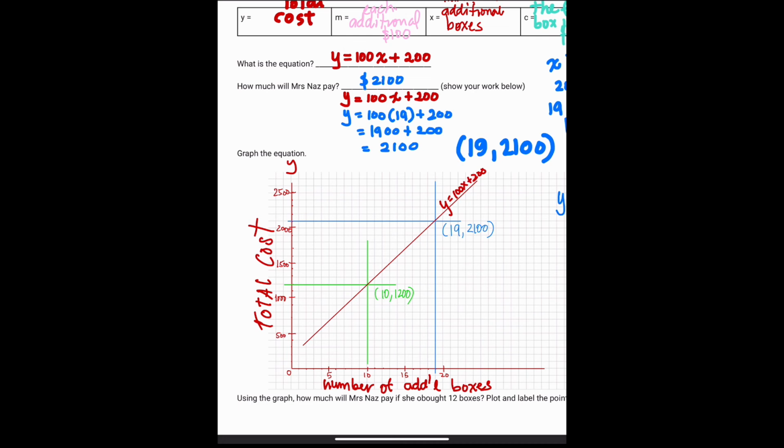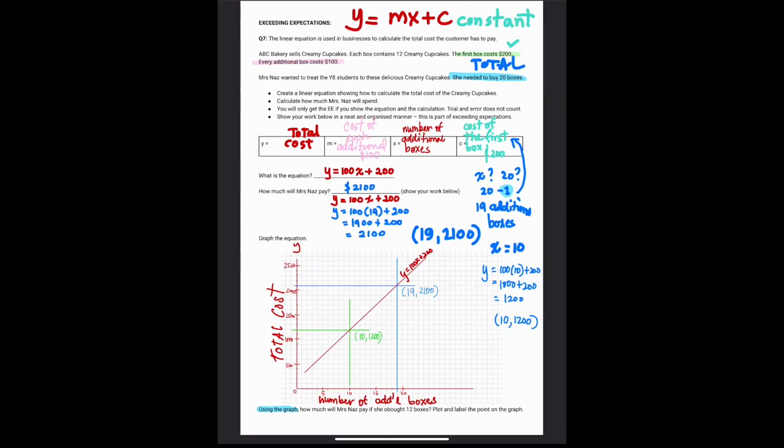Now the last question is using the graph. That means you do not calculate this way. You actually have to use the graph. Show me how much Mrs. Nash will pay if she bought 12 boxes in total. Remember, x is the number of additional boxes, not the number of total boxes.